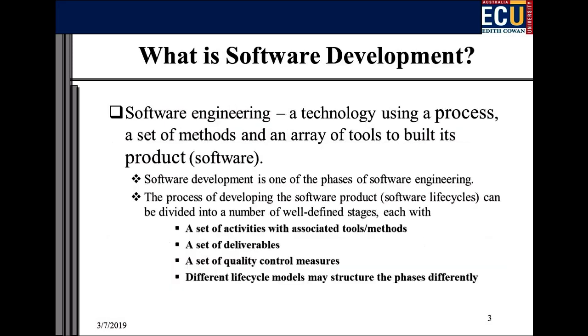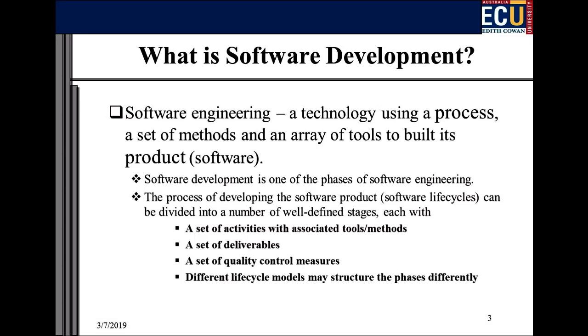Let's get into it. This is kind of more of a revision, right? So last week we talked about, okay, what is software engineering, or what's software development? So here's a grammatically ambiguous description of it. Software engineering: technology using a process, a set of methods, and an array of tools to build its product. I don't know if I'd describe software engineering as a technology.